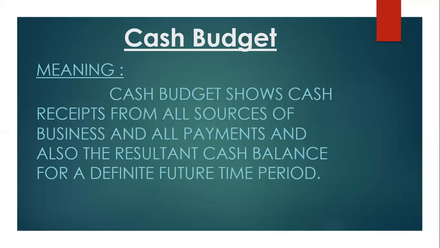We always remember any budget we are making is for the future only. So for future purpose, we are making the cash budget or any budget. So in cash budget, we will consider the income of cash and the outgoing of the cash, meaning incoming of cash and outgoing of the cash for the definite period.